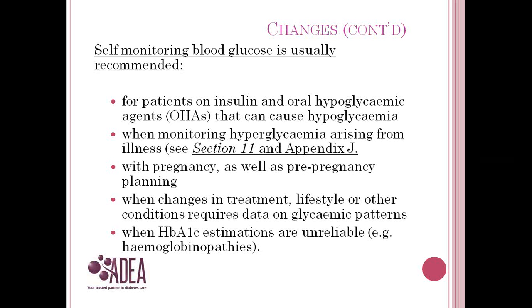If you need to find some difference in patterns, yes, you can do the self-monitoring of patients. But it is not recommended in low-risk patients where that is not an issue. For instance, on monotherapy on metformin, or other combinations with metformin with low risk of hypoglycemia.